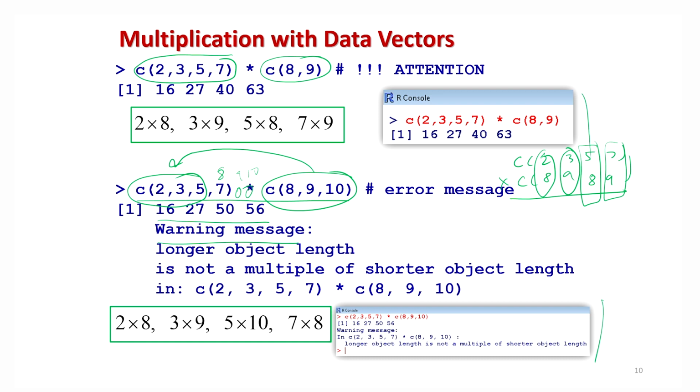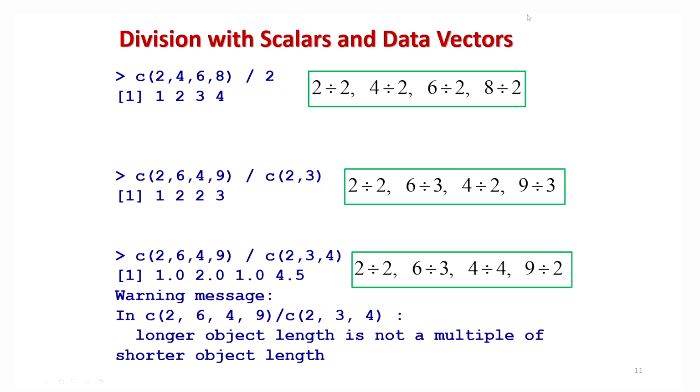So you can see that it is not so difficult to understand, provided you have understood addition and subtraction. Now we consider division, which is also done exactly on the same logic as addition, subtraction or multiplication. If I take a data vector c(2, 4, 6, 8) and divide it by scalar 2, then this 2 is going to divide each and every element in the data vector, and we get the outcome 1, 2, 3, 4.